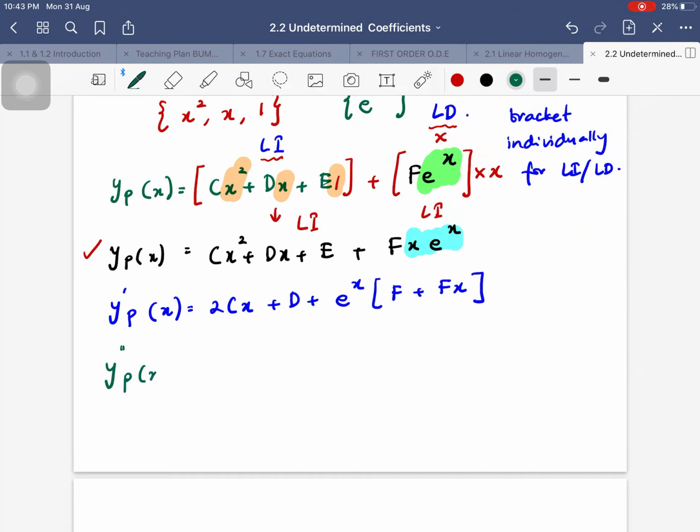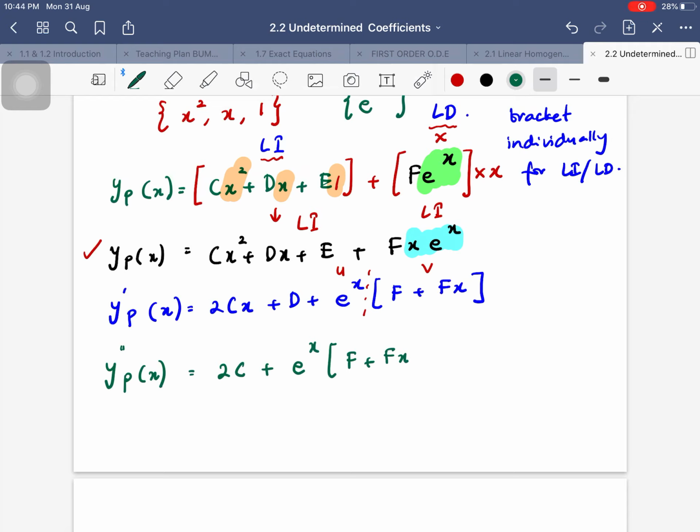So y double prime of x, I'll end up with 2c plus 0, because when I differentiate d, that will be 0. And here I'm going to have exponential of x multiplied by f plus fx. And when I differentiate that again, I'm going to assume this is u and this is v. I've shown you this in one of the previous examples on exponentials.